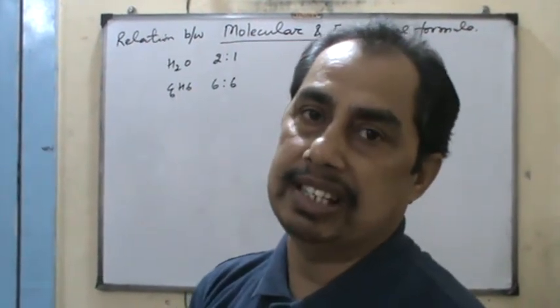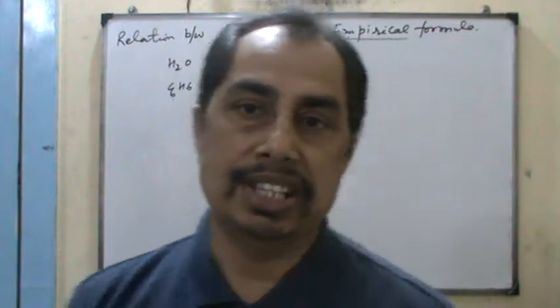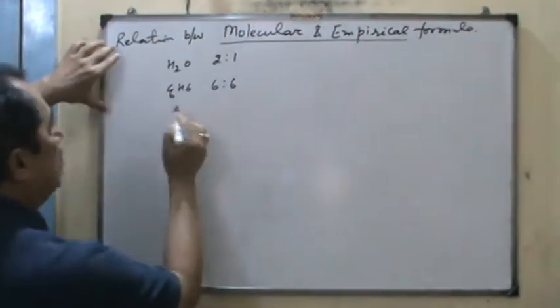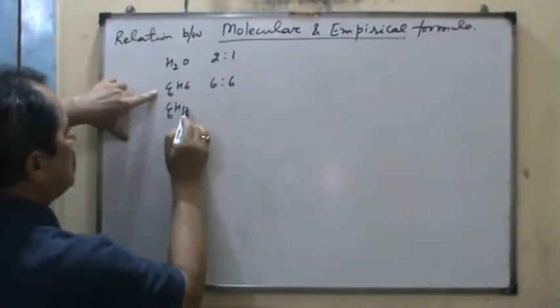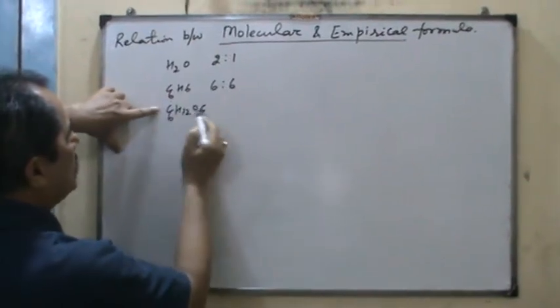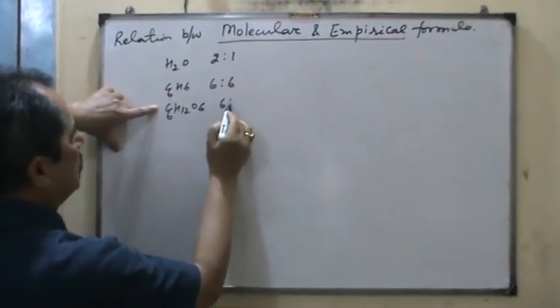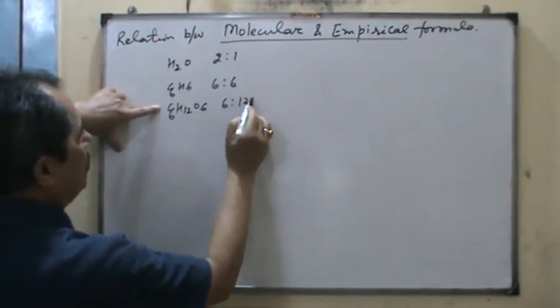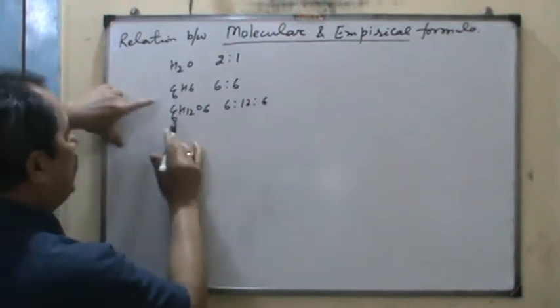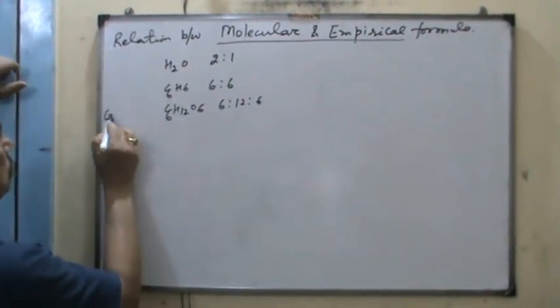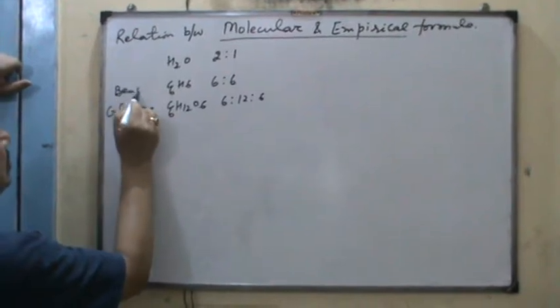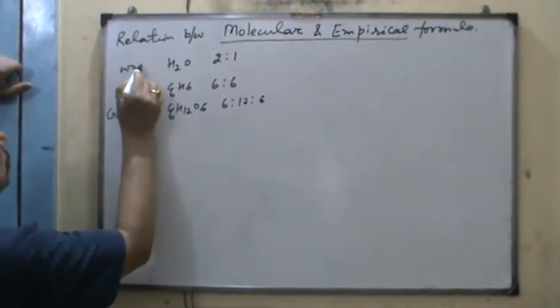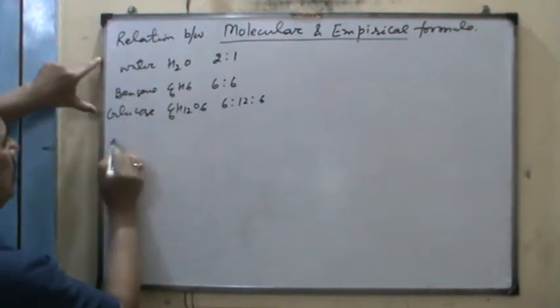It gives the actual ratio of the atoms of the various elements. Like benzene, C6H6, like glucose, C6H12O6. What is the actual ratio? 6:12:6. If I write here, it is the glucose, it is the benzene, it is the water, right?